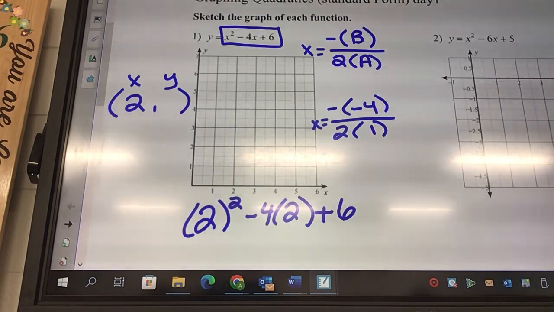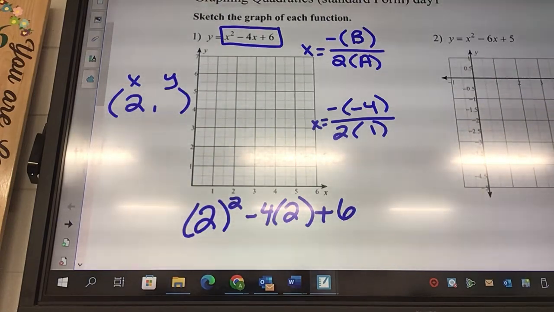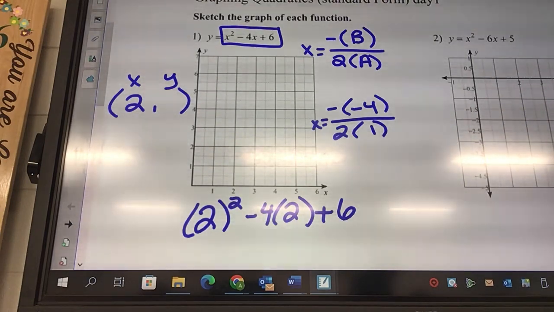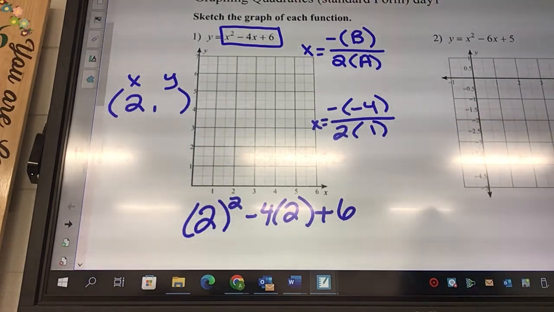Type that in on your calculator exactly the way it looks. The parentheses matter. What value did you get? 2.